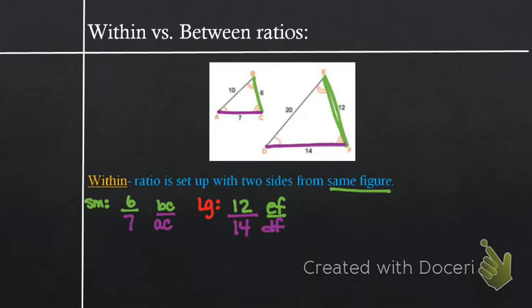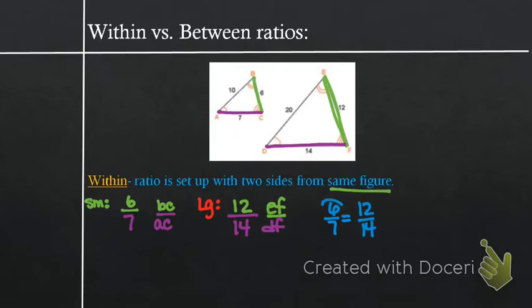So within uses the same setup from the same figure. We would read this as 6/7 is equal to 12/14.